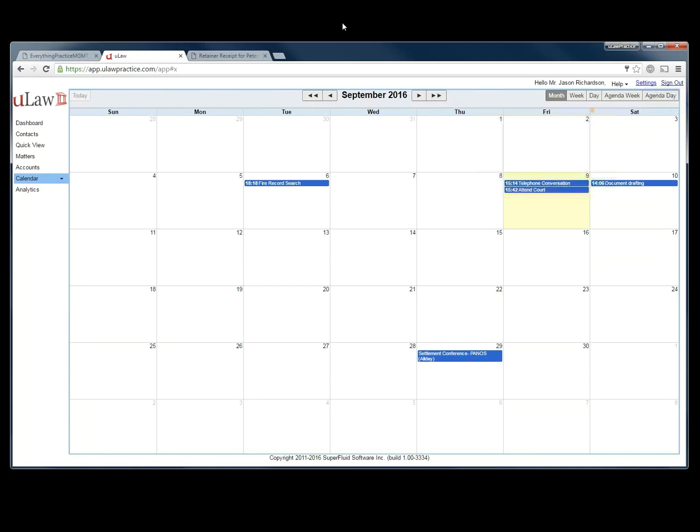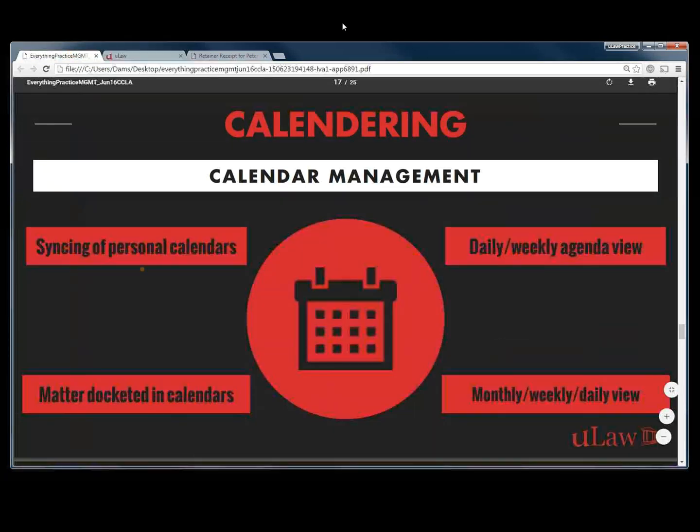Okay, so making sure that the calendar meets those requirements is also very important. Now, a calendar should have docketed view and your office-related stuff.